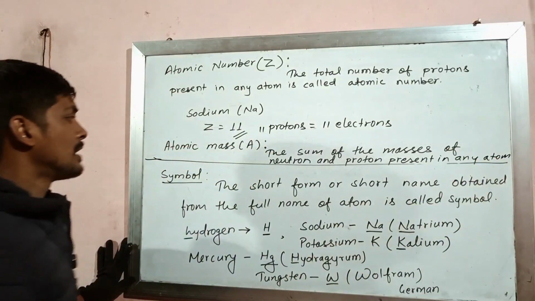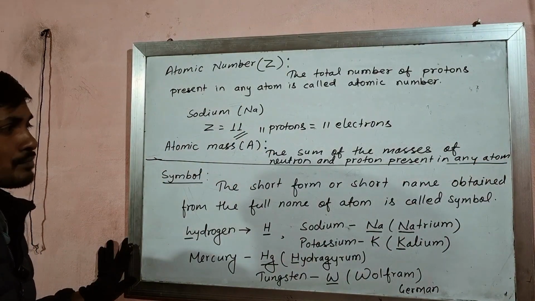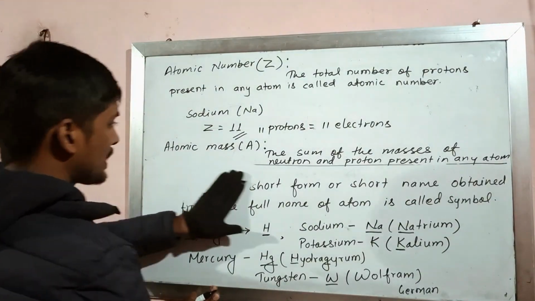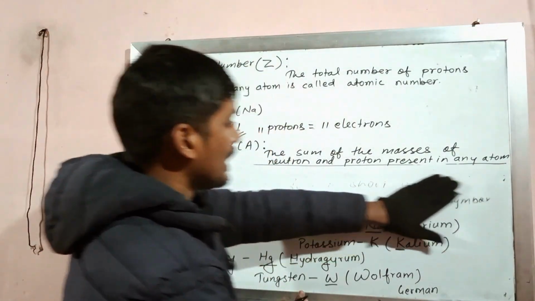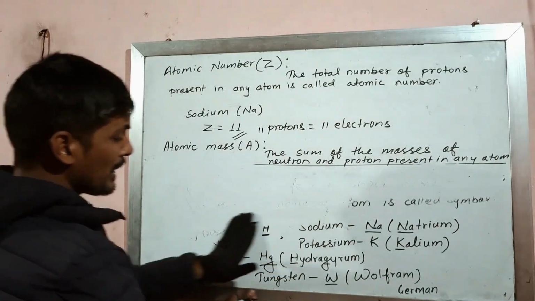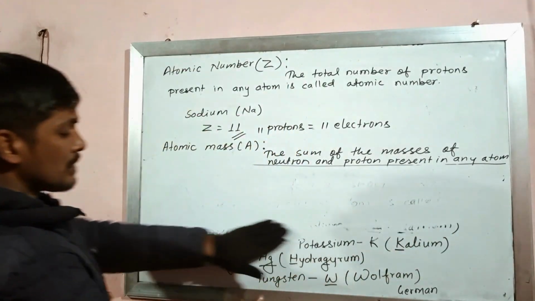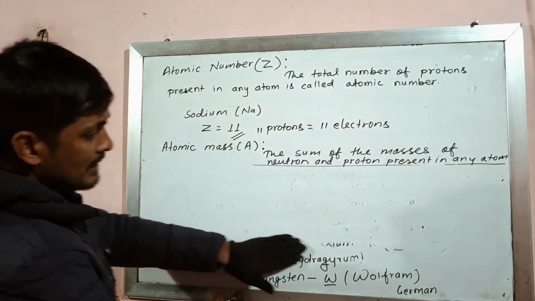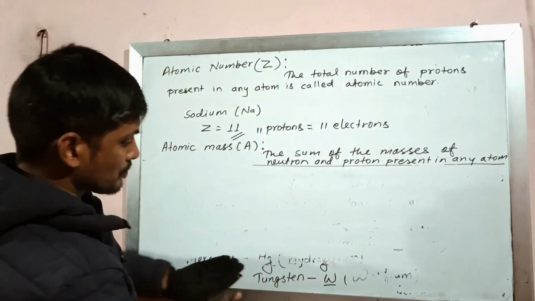This atomic mass can be calculated by adding the mass of protons and the mass of neutrons present in any atom.